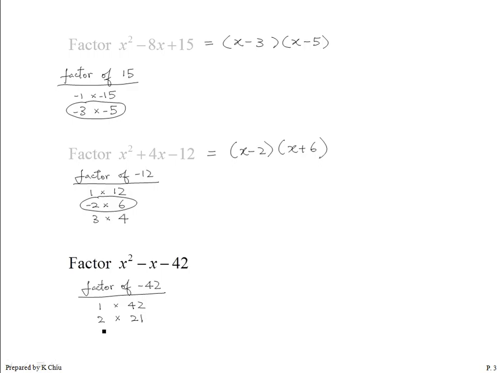How about 3? Can 3 go into 42? 3 times 14. How about 4? Can 4 go into that? No. 4 goes into 40, but not 42. How about 5? 5 times 8? Not quite, right? It's not ending in 5 or 0, so we know 5 cannot.